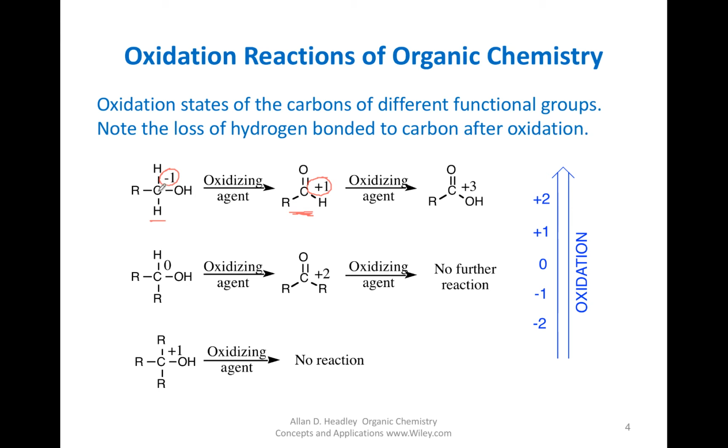So there's a change in oxidation state from -1 to +1. Further oxidation changes it to a carboxylic acid, of course, as we know, and that oxidation state of this carbon is now +3. So the observation is that in oxidation, the number goes more positive.